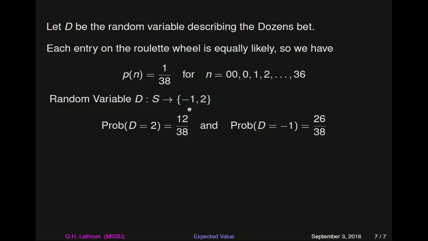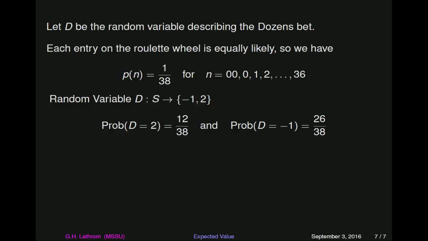So if we place our bet and we lose, then we lose our dollar that we put down. If we win our bet, then we would actually take away $2. So those are the possible values that we have for our random variable D. Now the probability that D will actually be 2, so the probability that we win $2, we've got to get one of the 12 possible values.